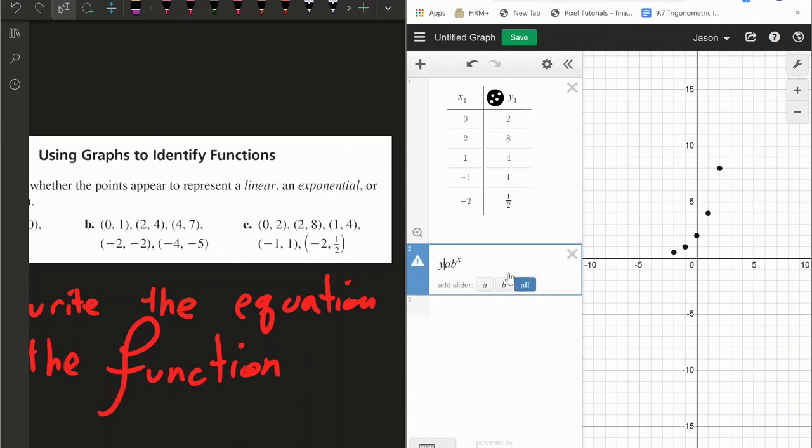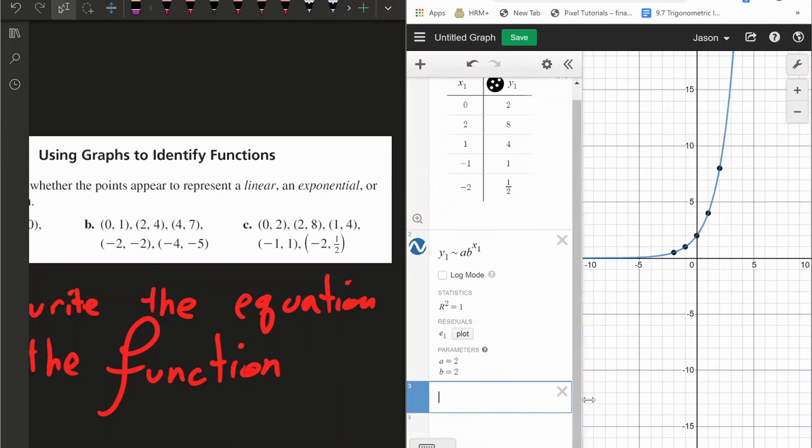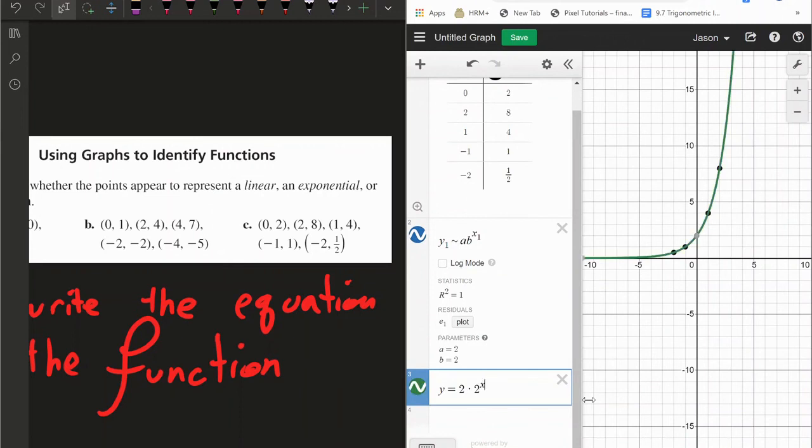But again, not equals, approximately: y1 approximately a times b to the x1, and there it is. A is 2 and b is 2 in this one, so that means I would get y equals 2 times 2 to the x power. There's my equation right there.